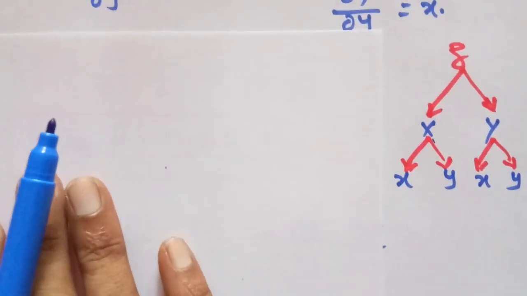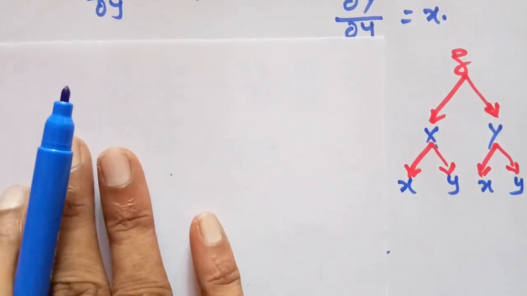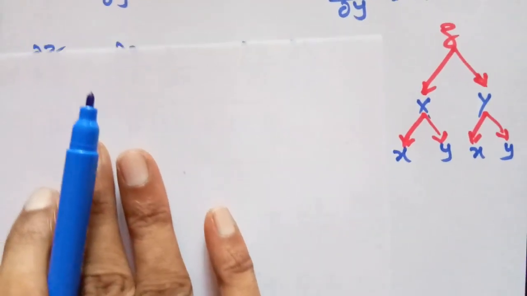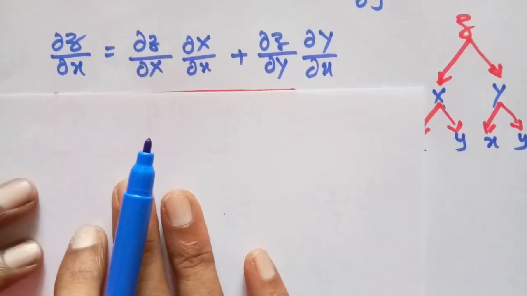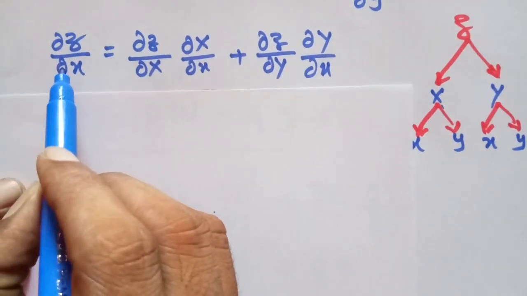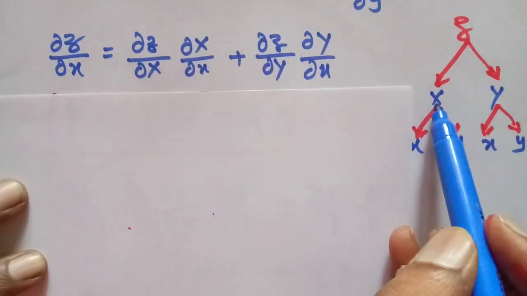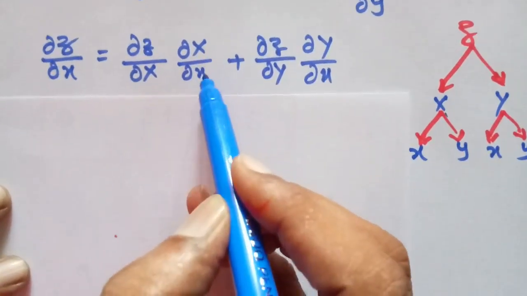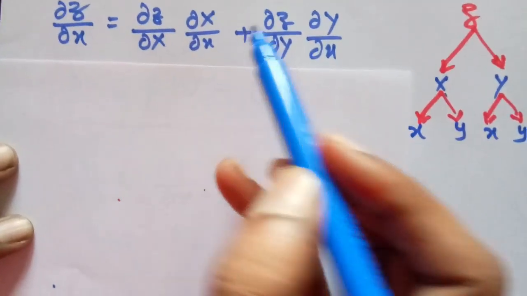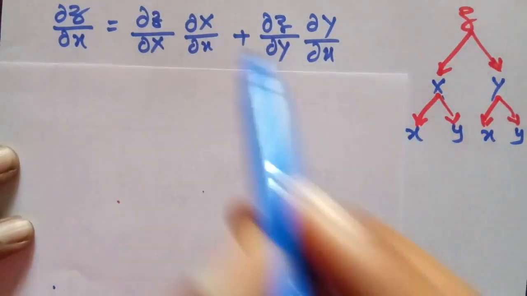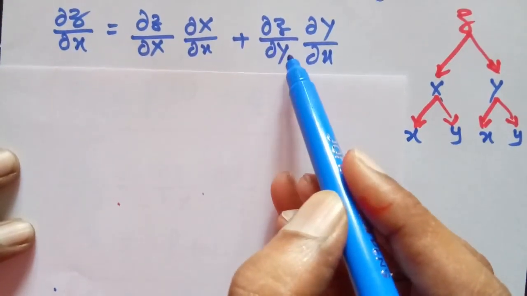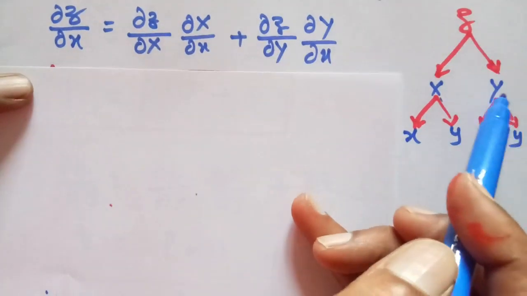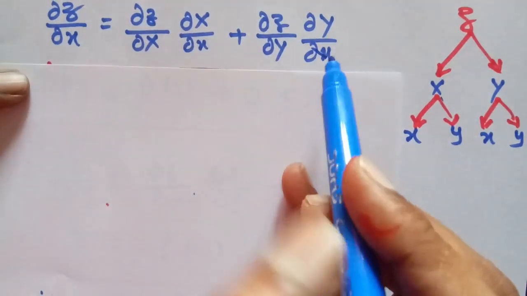So, as explained in the chain rule for partial derivatives in the partial differentiation chapter in our first semester, this can be written as dou z by dou x equals dou z by dou capital X, since capital X is a function of x and y, times dou capital X by dou x, plus dou z by dou capital Y times dou capital Y by dou x.